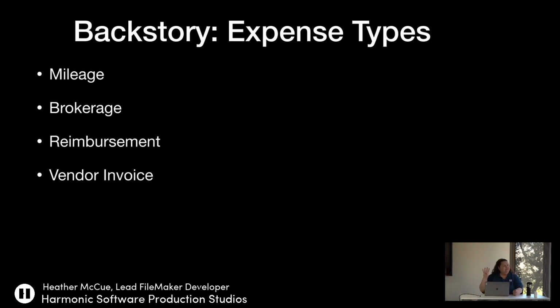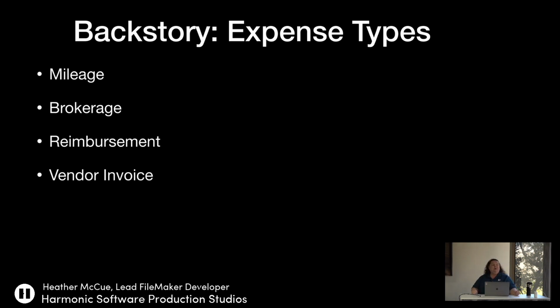We also have 4 different types of expenses, and so that means that we have 4 different layouts for each expense type, because if all you're entering is mileage, the only data that you have to key in for every line is the date and how many miles, right? You don't need much else. Brokerage, it has a time requirement.